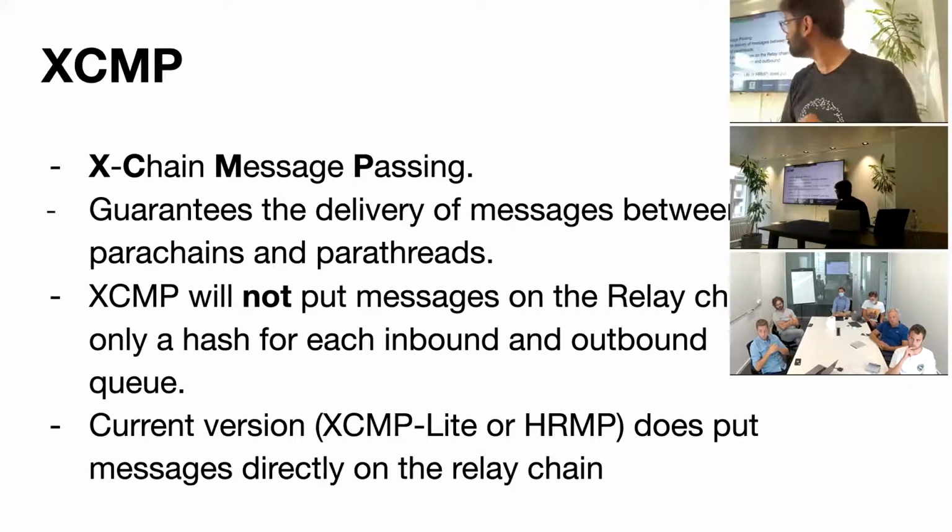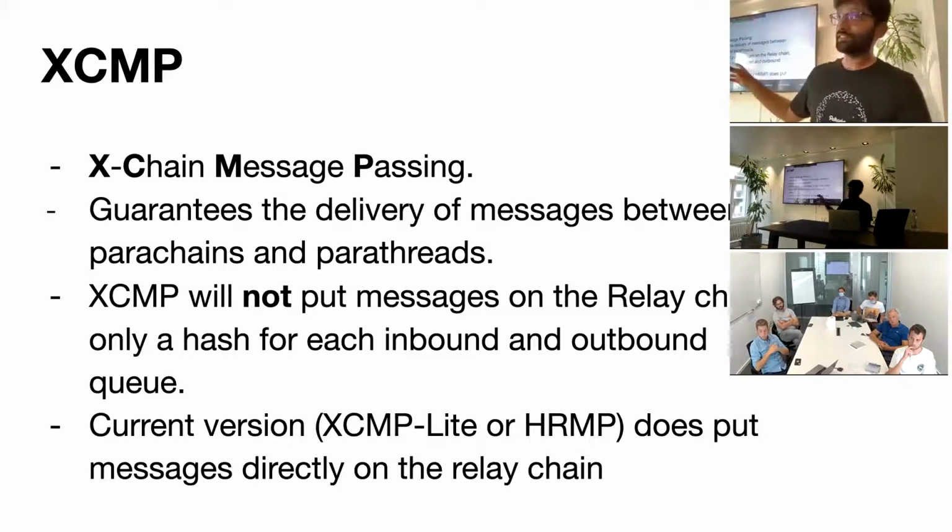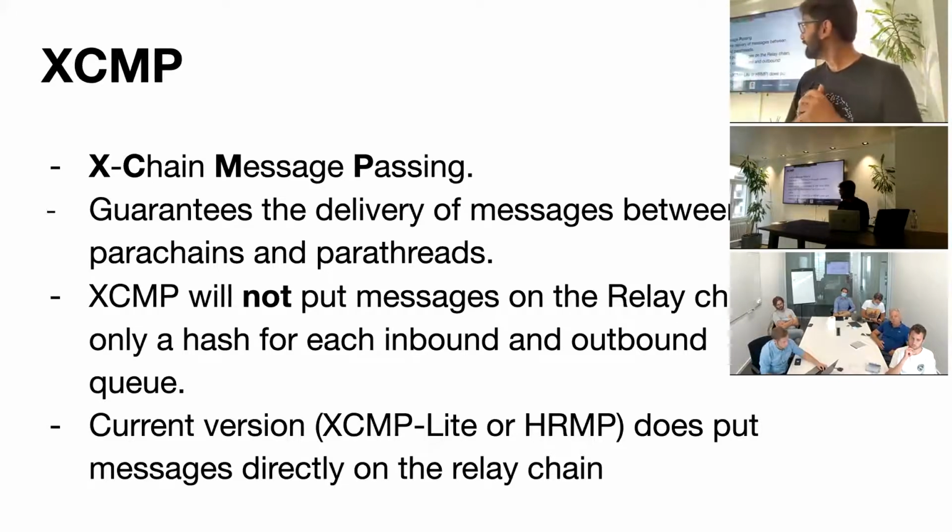The beauty of this is that cross-chain messaging doesn't put your message on the relay chain. Polkadot will not hold those messages. It's just going to have the hash, but the message contents are going to reach the parachain that is out there.